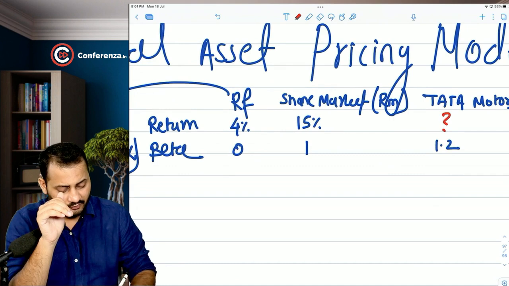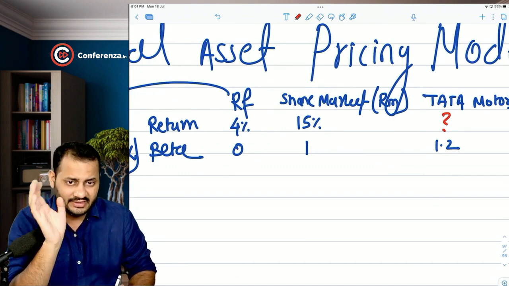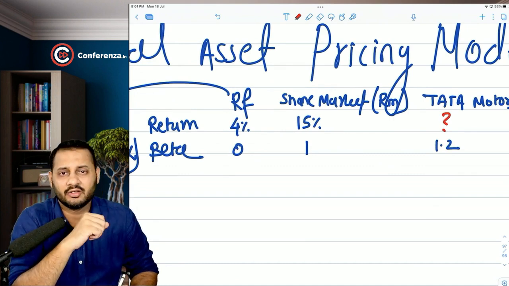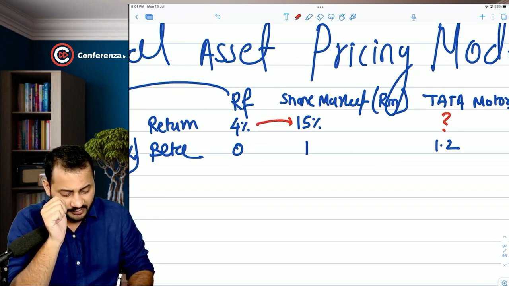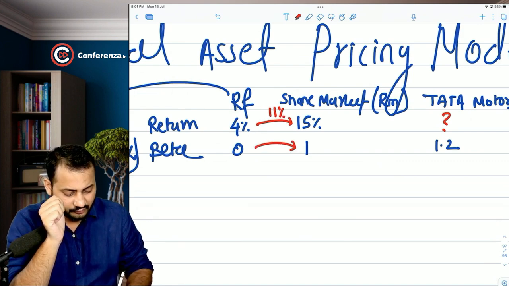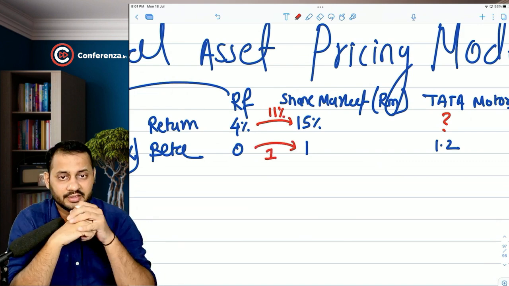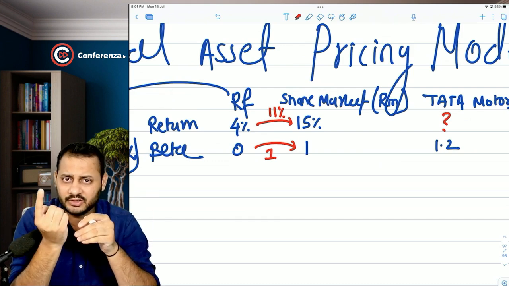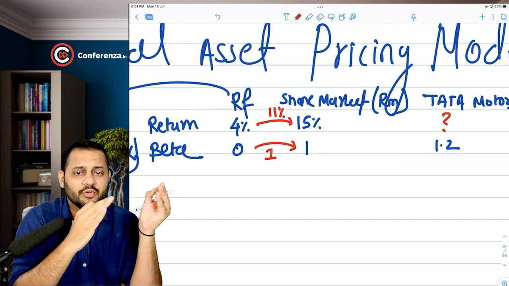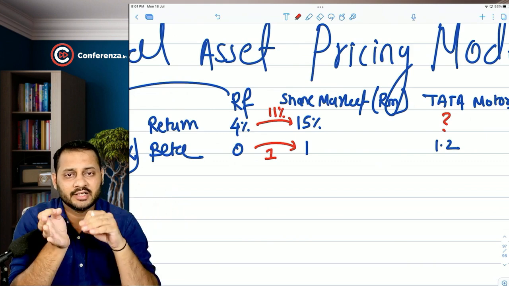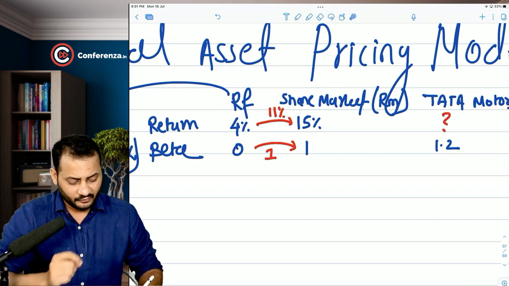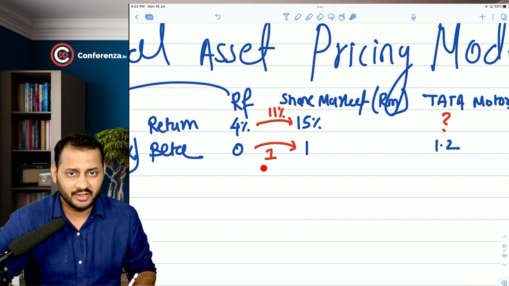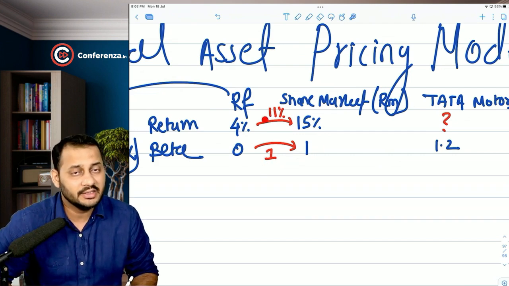See, when you shifted from a risk-free security to risky securities, you received a premium of 11%, and for 1 unit of risk, 1 minus 0 is 1. So entirely you took 1 unit of risk and the extra return that you received was 11%. So can I say that the return you received for 1 unit of risk is 11% only?